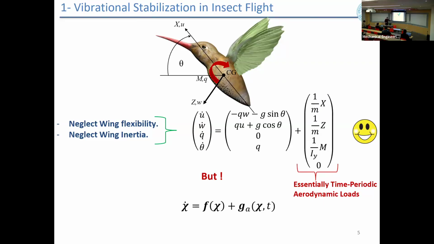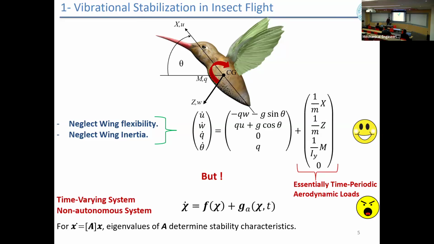And once you have explicit time dependence, we're not happy anymore, right? Because explicit time dependence makes the stability analysis and control design more challenging, even for linear systems. If you have x dot equals Ax, everybody in this room knows by heart that if all the eigenvalues of the A matrix lie in the left half plane, the system is exponentially stable.